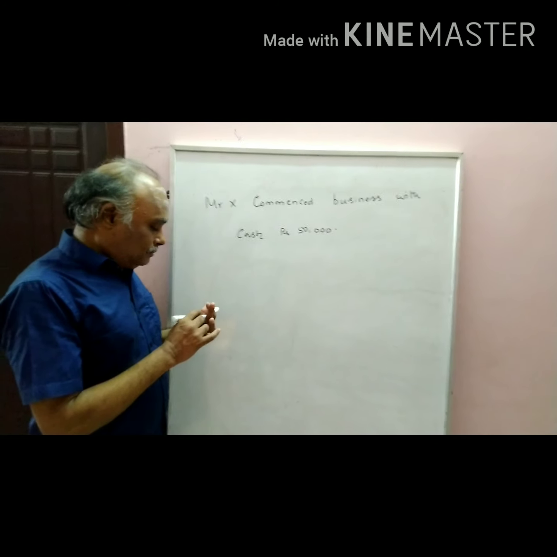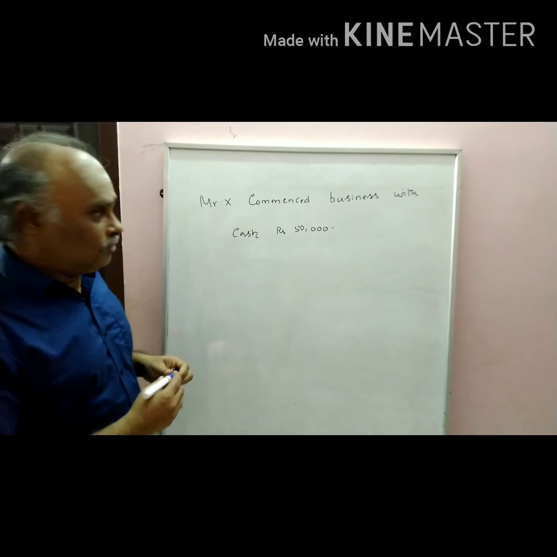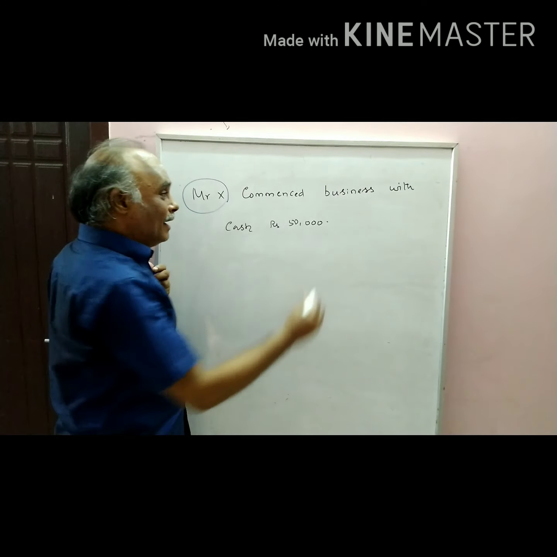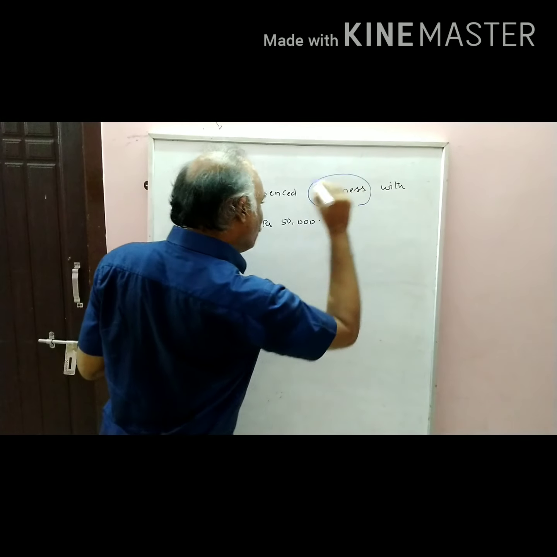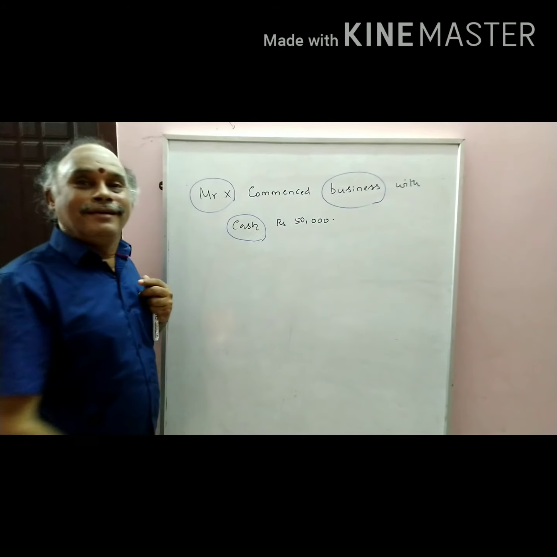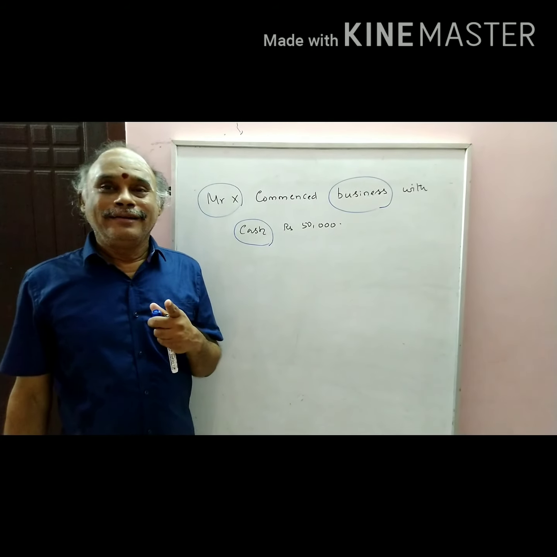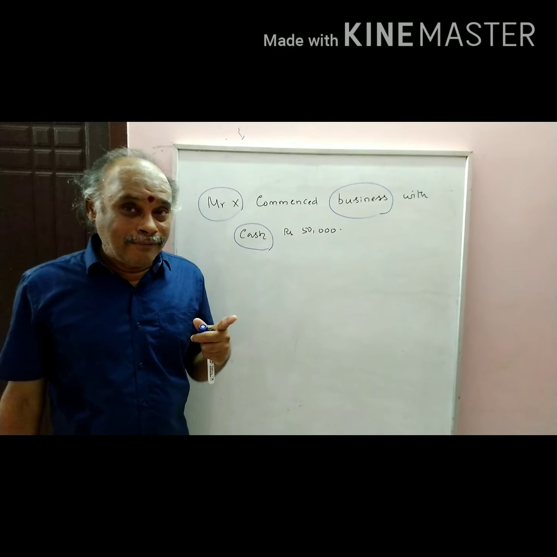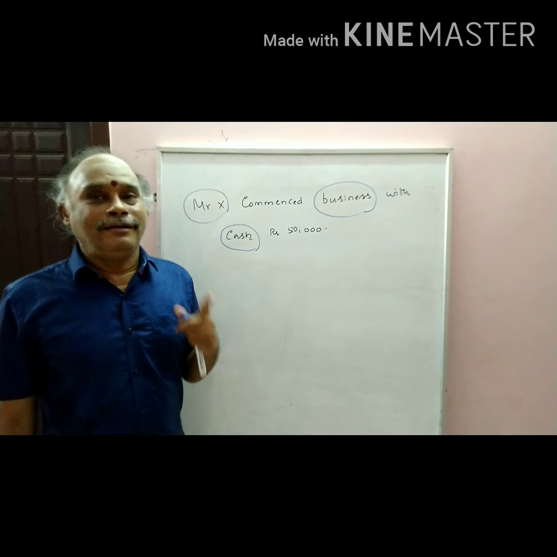So each and every transaction should be in this manner, a meaningful sentence. Now here we are going to pick the nouns. Mr. X directly name, and then comes business, which is also another noun. Cash is also another noun. Now I had said earlier, in each and every transaction there must be two aspects, namely a debit and a credit.